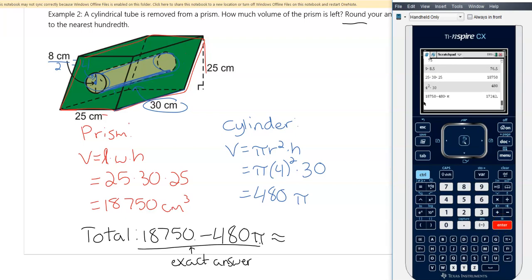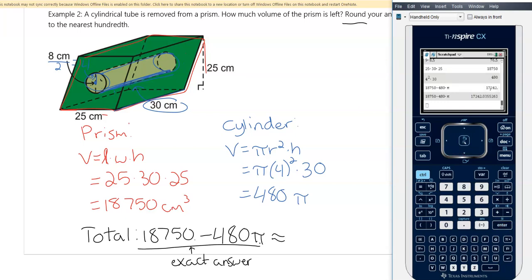My slope seems off. Let's try that again. There it goes.